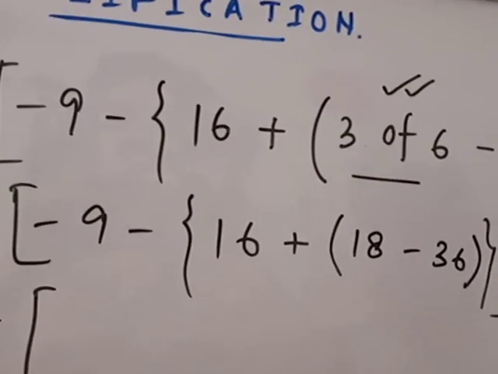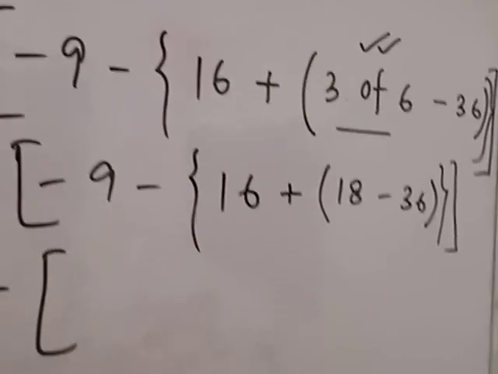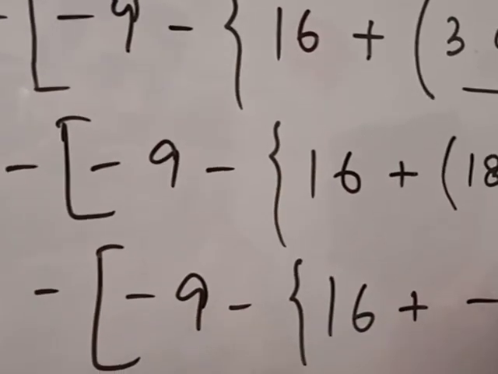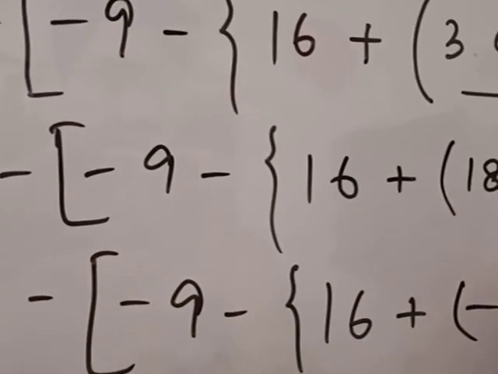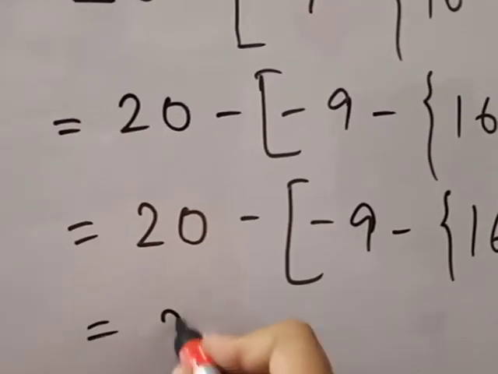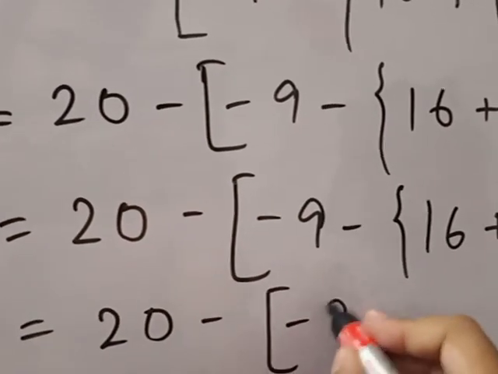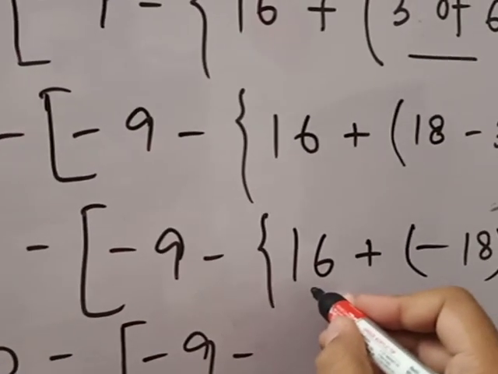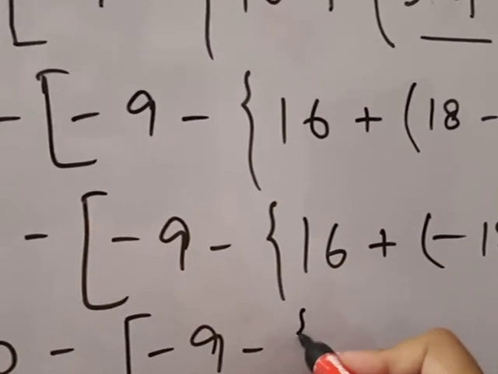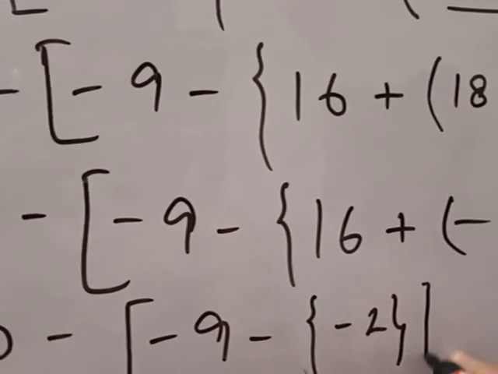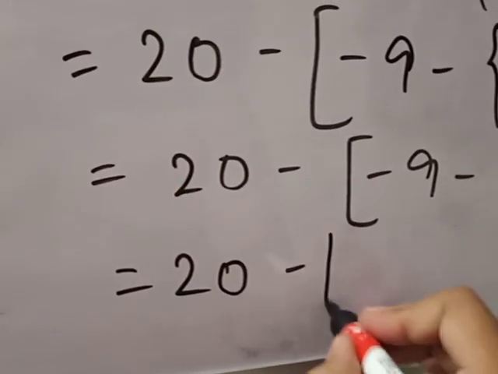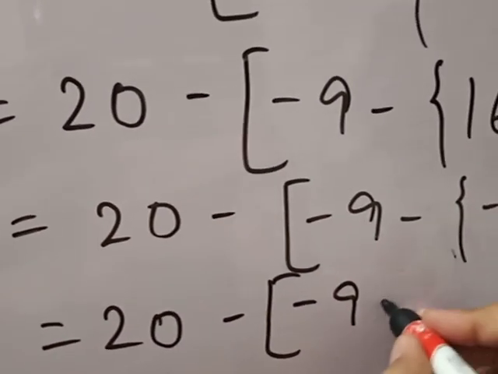So of and bar both have importance in this simplification. 16 plus 16 minus 18 means minus 2, using the second bracket. So now 20 minus 9 minus, plus 2.